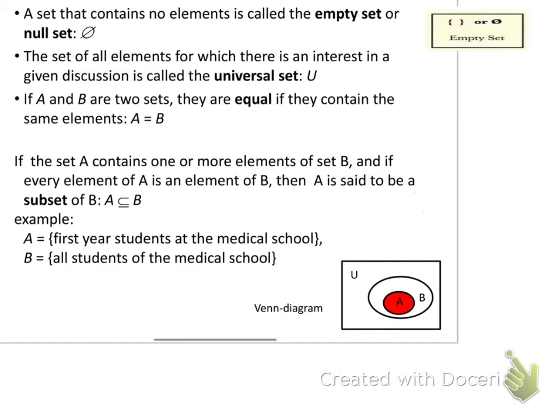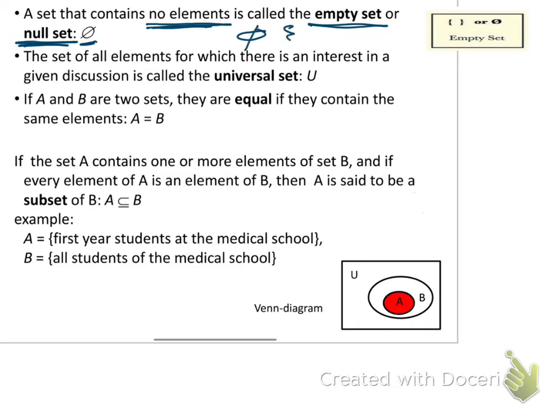In this page, we are going to learn some of the notations which we'll be using in sets. A set that contains no elements, empty, blank, is called an empty set or null set. Null means empty, zero. The notation is phi.